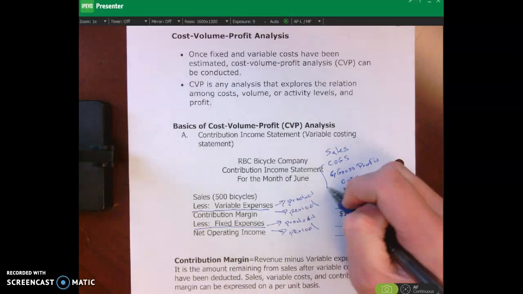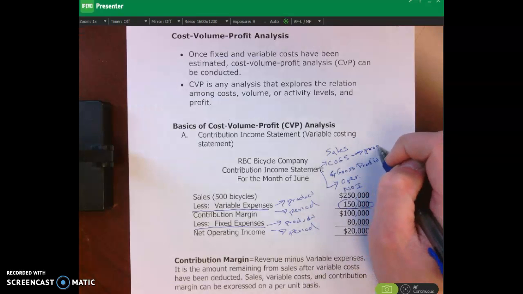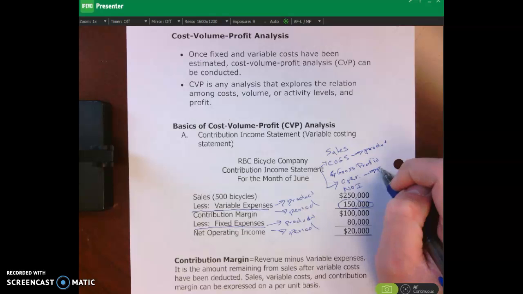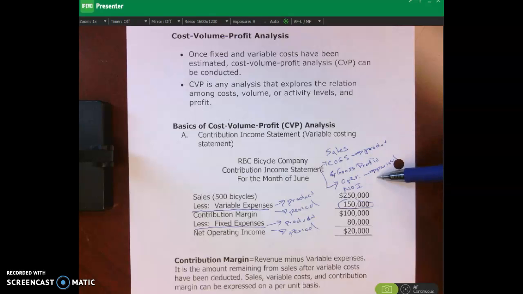But how are we separating out our expenses? This is product expense. These are period expenses. So with our external income statement, we separate out our expenses by product and period.